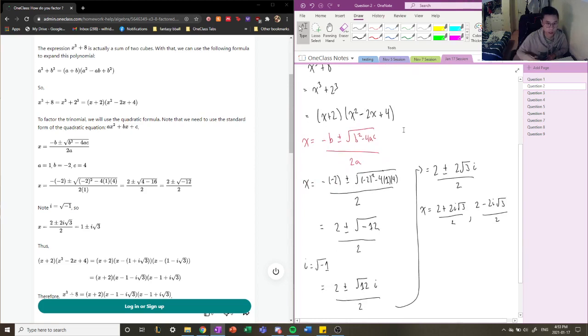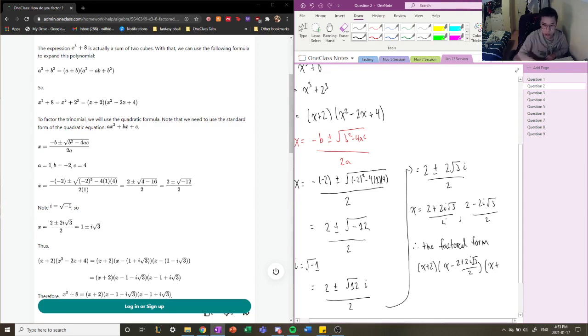Okay, so now that we have found our imaginary zeros, or our solutions, we can plug them into our factored form here. So the factored form is going to be x plus 2 times x minus (2 plus 2i root 3 divided by 2), and times x minus (2 minus 2i root 3 divided by 2).